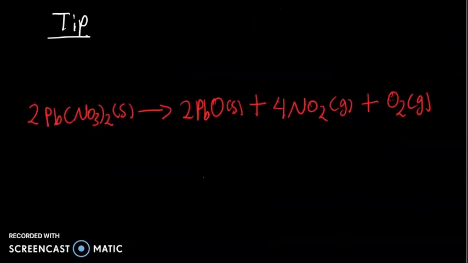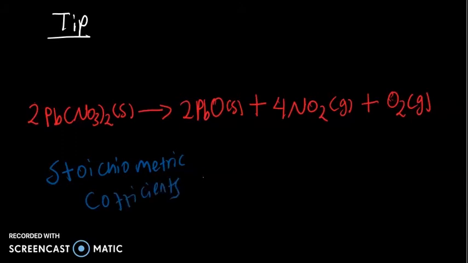So I have a little tip for you. You see this equation right here. I brought it here to tell you that the numbers in front of the formulas in chemistry are called stoichiometric coefficients. What did I say? Stoichiometric coefficients.